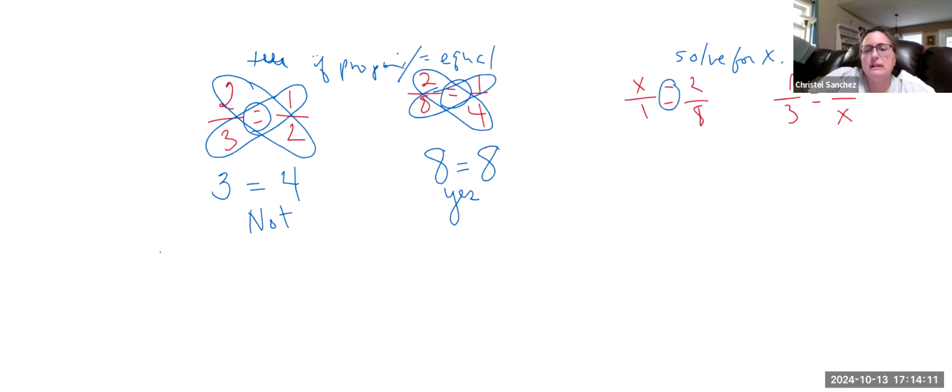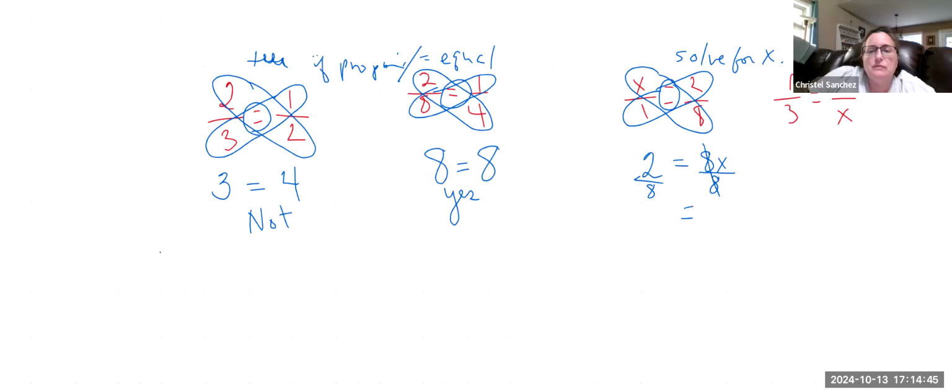So 2 times 1 is 2. 8 times X is 8X, okay? So my goal is I have to get X by itself. So in order to do that, I'm going to divide 8 to each side. Now, this is going to cancel out, which gives me X.